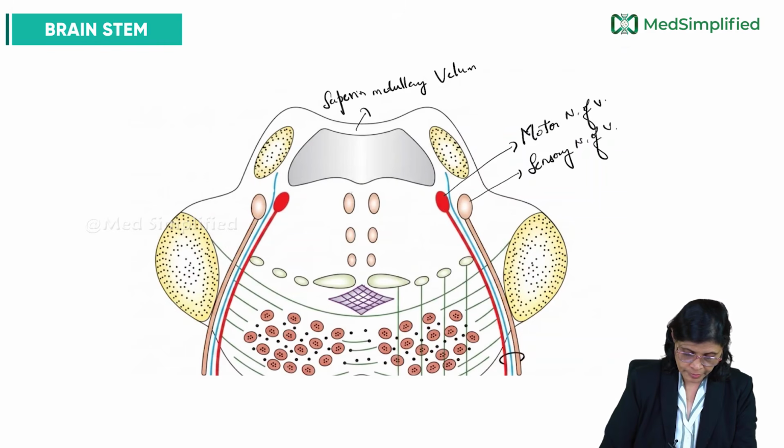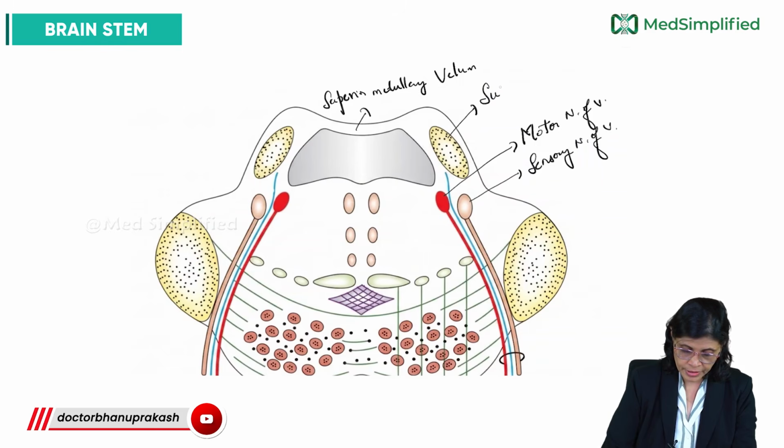So this will be continuous in the caudal part with the spinal tract of trigeminal. Then we will see mainly the tracts. This is a small portion of the superior cerebellar peduncle here, because the midbrain region will be merging here. And this is the middle cerebellar peduncle.